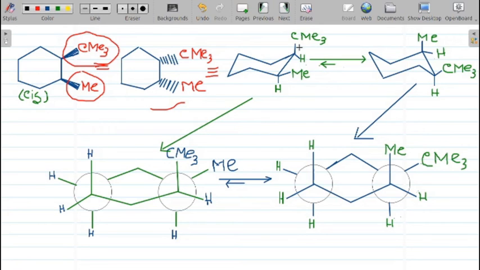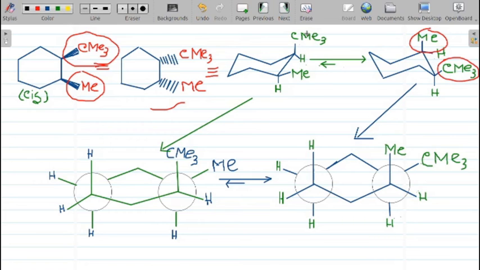In this conformation we have a choice: we can place the tert butyl group at the axial position and the methyl group at the equatorial position, and choice number 2 is the methyl group at the axial position and the tert butyl group at the equatorial position.